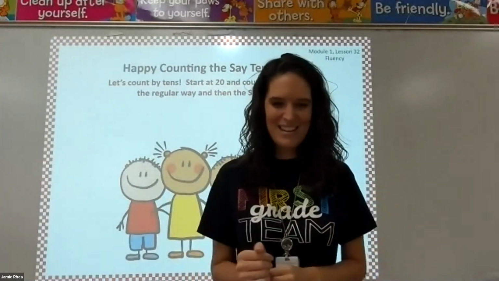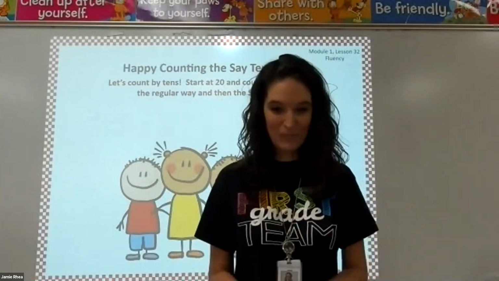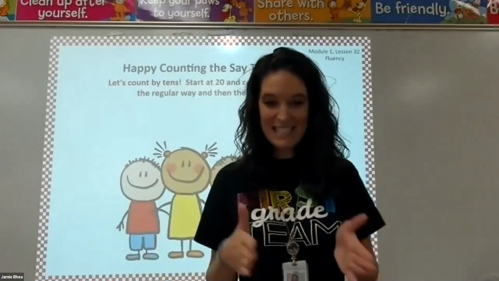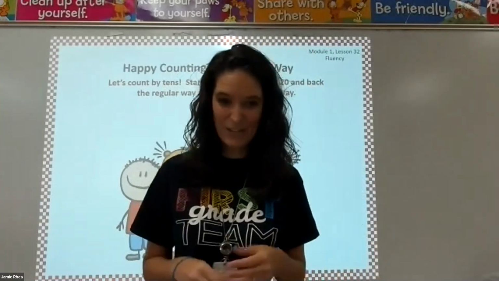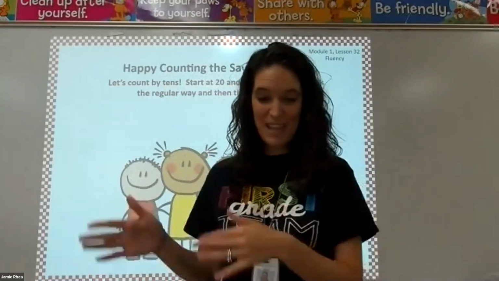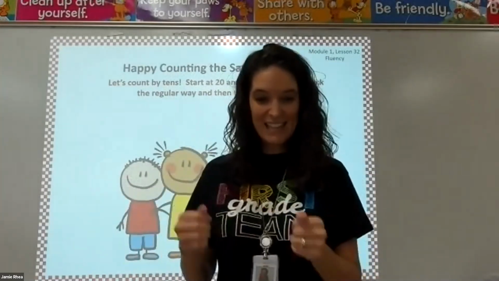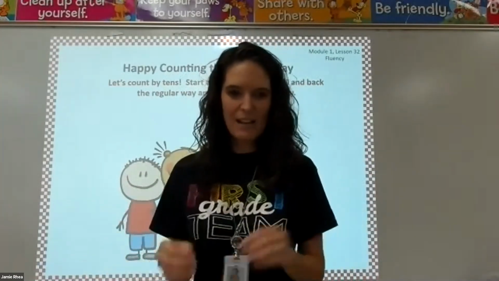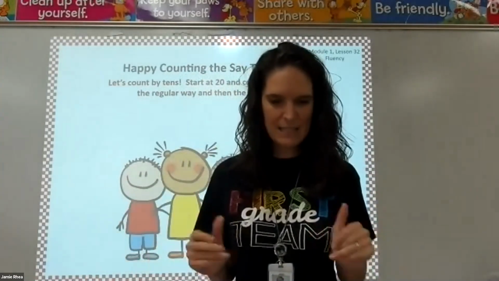3 tens make 30, 4 tens make 40, 5 tens make 50, 6 tens make 60, 7 tens make 70, 8 tens make 80, 9 tens make 90, 10 tens make 100.